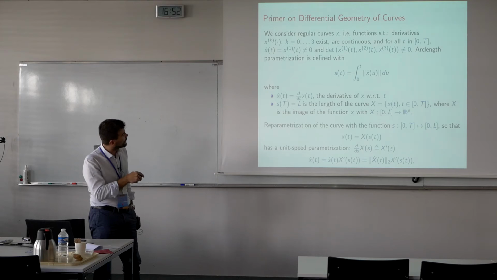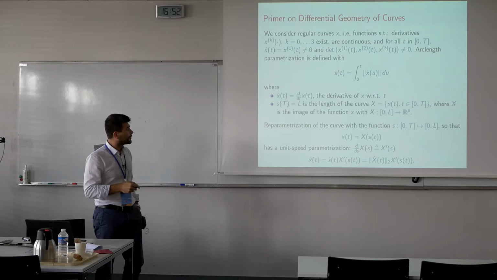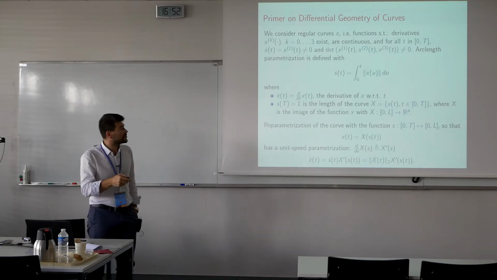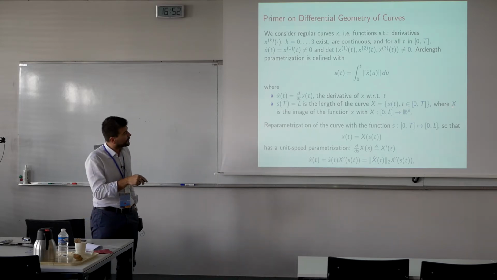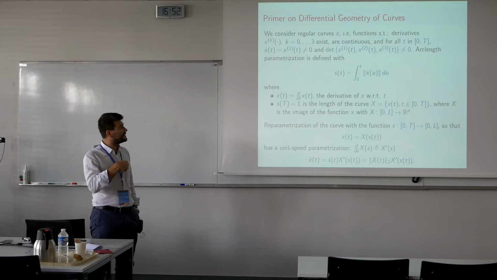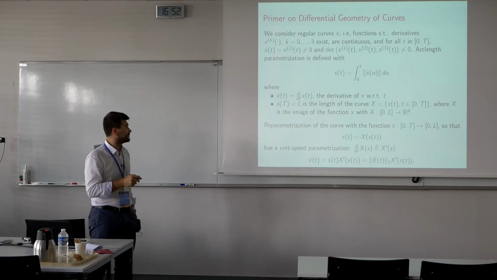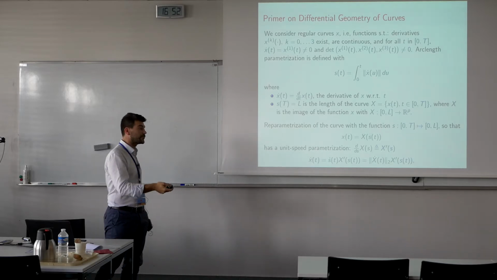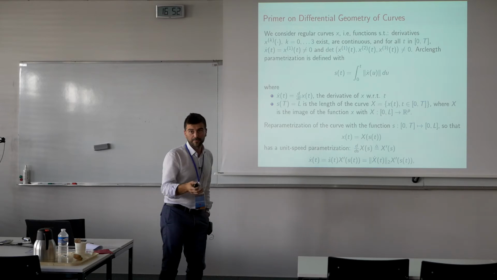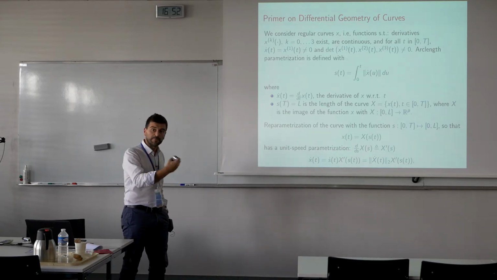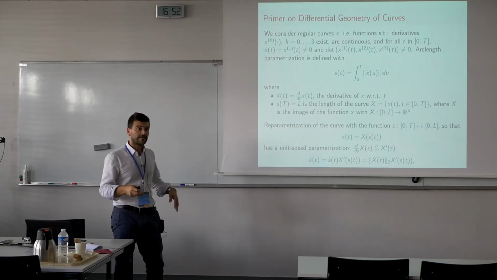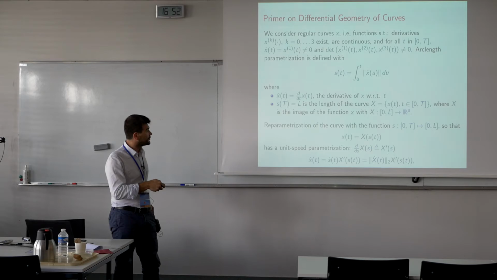Capital L is the total length of the curve, and we'll deal essentially with a curve, capital X, indexed by the arc length. We assume that we can do a very simple pre-processing: we estimate the derivative, we estimate the arc length, and reparameterize the curve by the arc length parameterization.